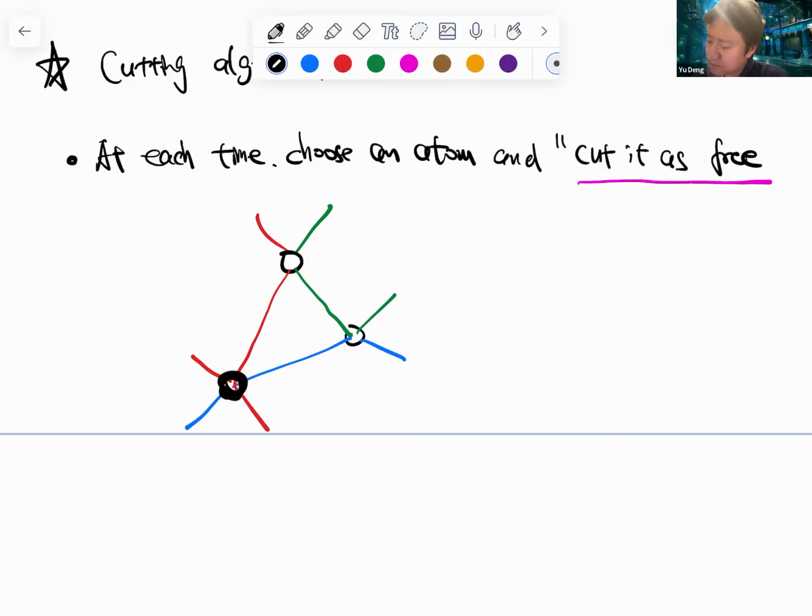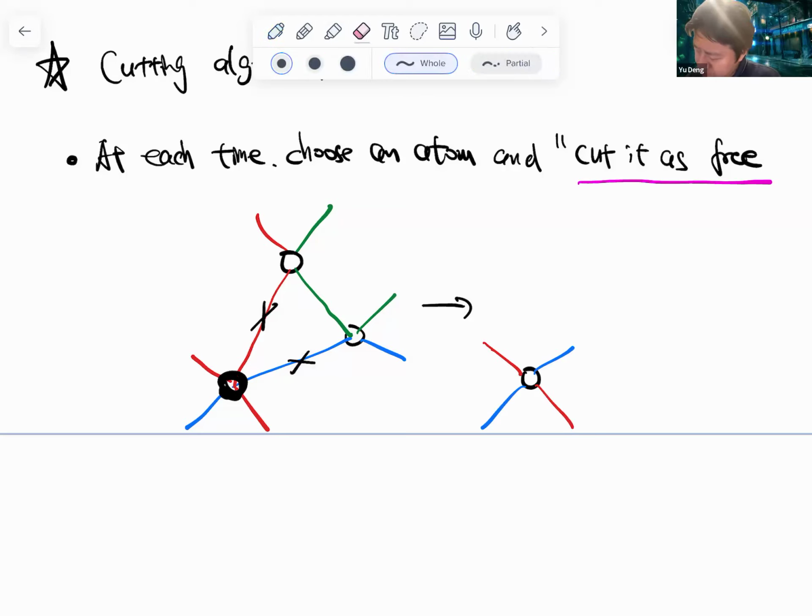We're cutting this one first. And how do we cut it? Imagine we put a pair of scissors here, and we're getting this, and then we have this. Sorry, there is nothing. Yeah, this is correct. There's a red, and this is free.